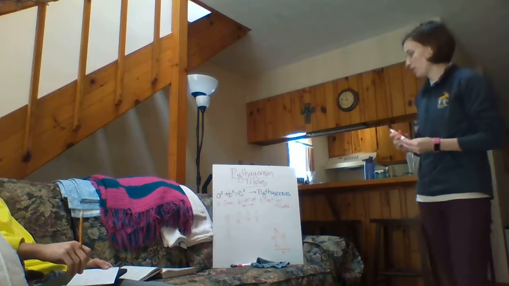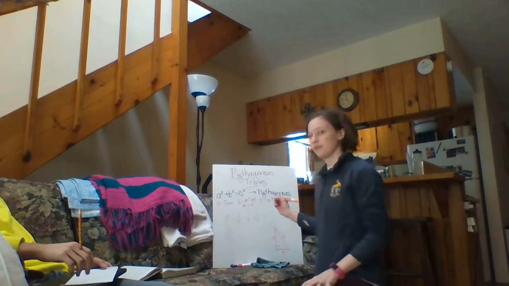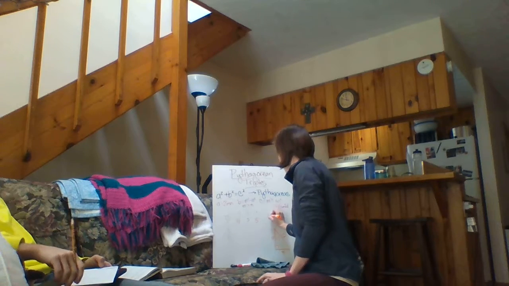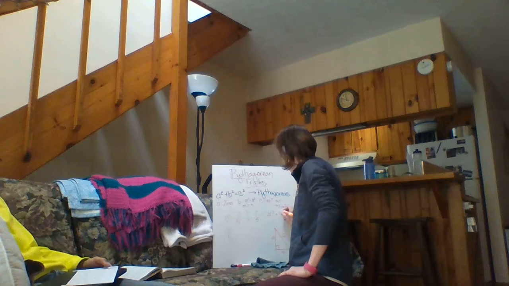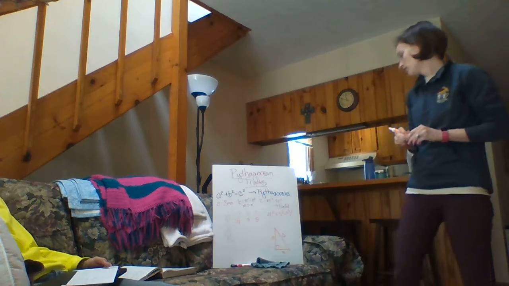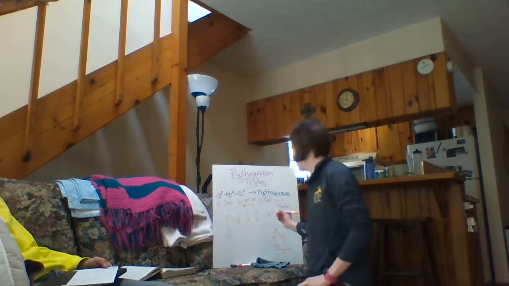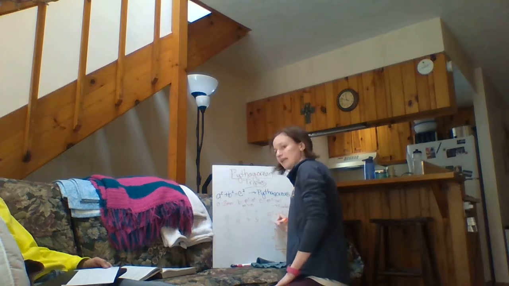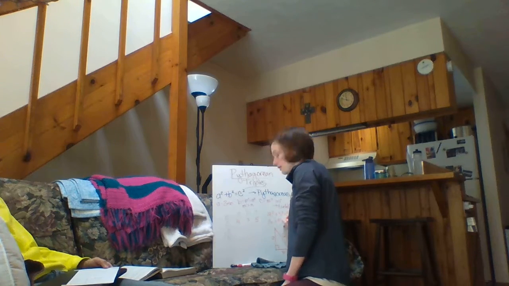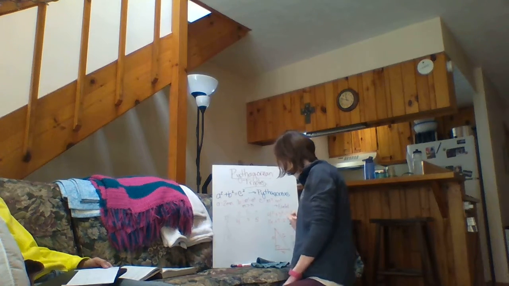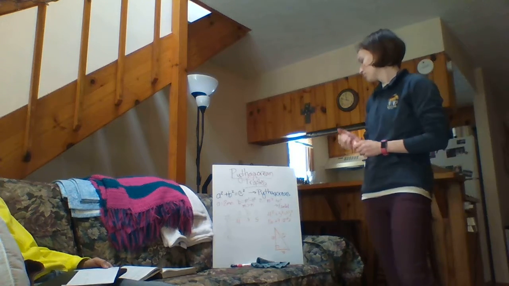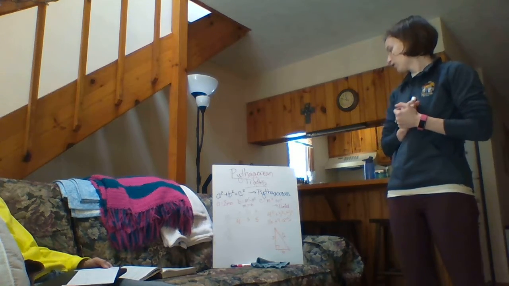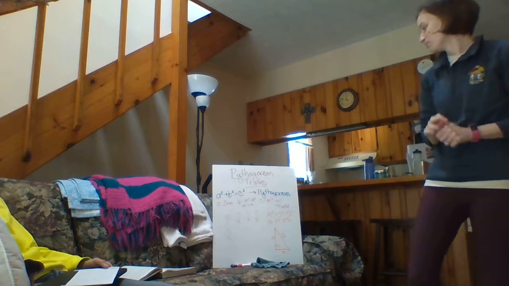If we put that into our Pythagorean theorem, this would be 4 squared plus 3 squared equals 5 squared, which would then be 16 plus 9 equals 25, which is true. So, it's a Pythagorean triple.